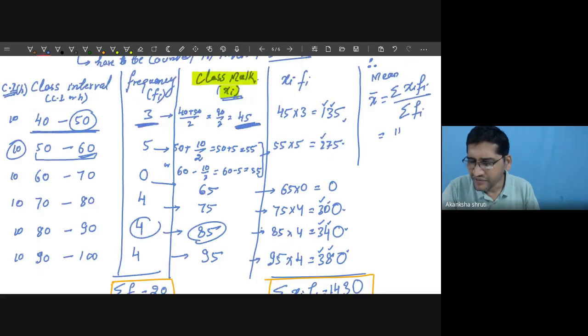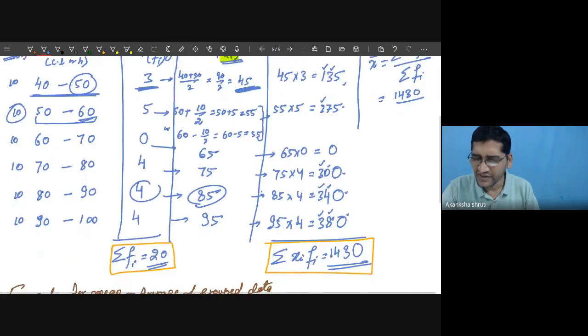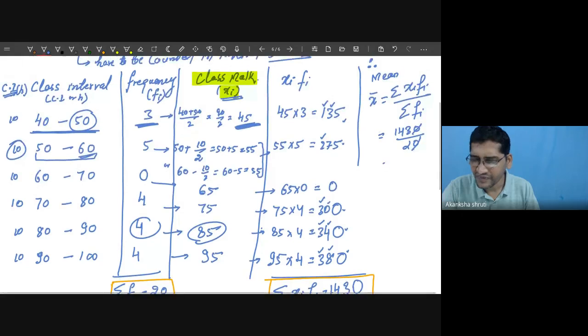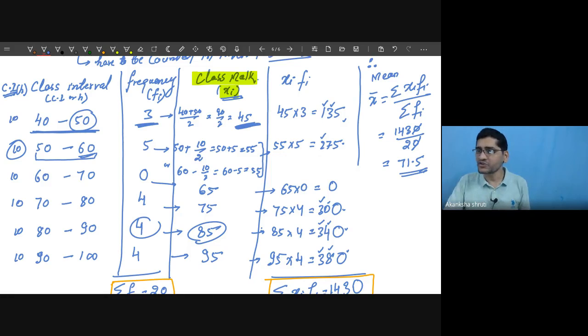So it is our 1430 divided by fi, which is our 20. Cancel this 0 and divide it by 20. What are you getting? 71.5. What is this 71.5, student? Understand this now.